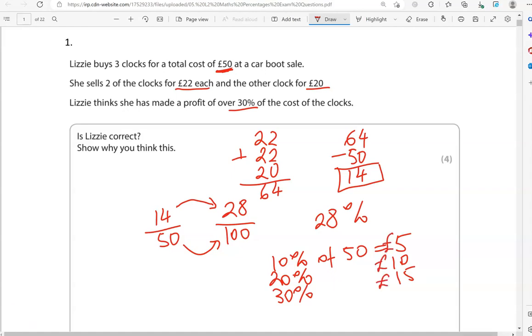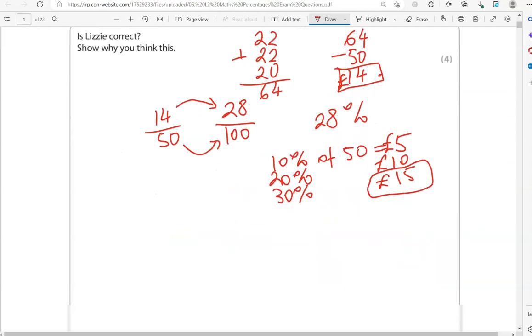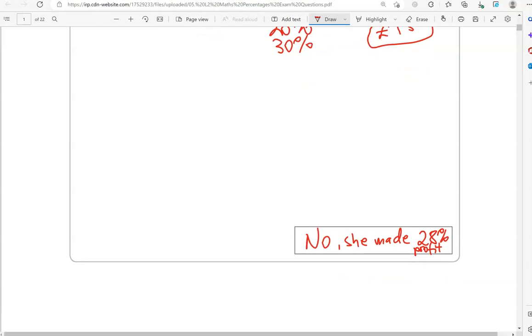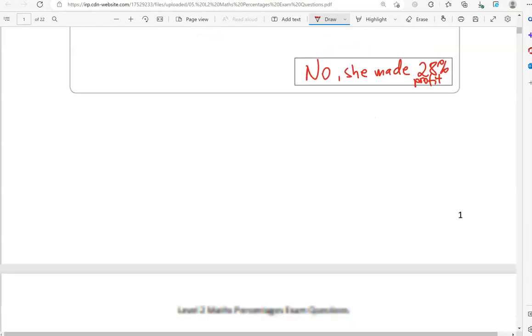So to make 30% profit, she would have needed to make £15 profit. So 30% is equal to £15, whereas she only made £14 profit. So that is below 15. So either way, you decide which method you use. I'm just showing you both, but you only need to use one of them.